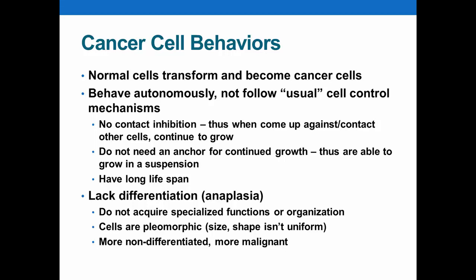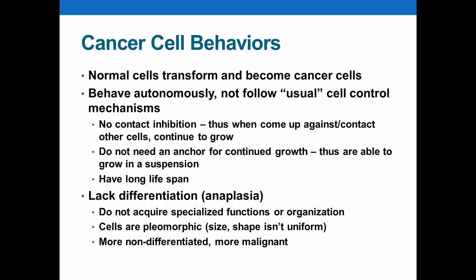First off, cancer cells don't have contact inhibition. Normal cells will decrease their growth when they start touching other cells. Cancer cells don't do that. Because they don't have this contact inhibition, when they come up against or contact other cells, they continue to grow. Normal cells would stop growing.